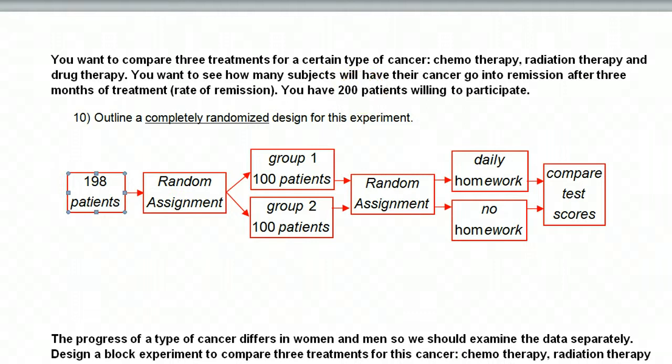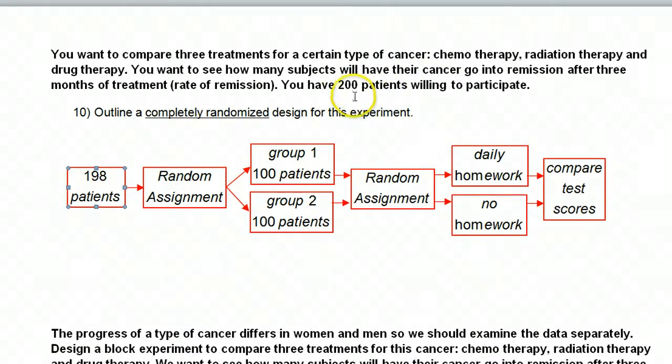I had 200 patients willing to participate. I'm going to tell 2 of them, thank you for being willing to help us out, but your services will not be necessary. So I'm going to use 198 of these guys. Now 198 divided by 3 is 66.